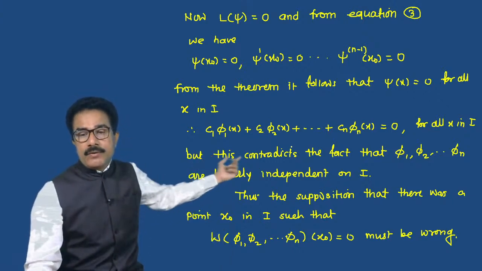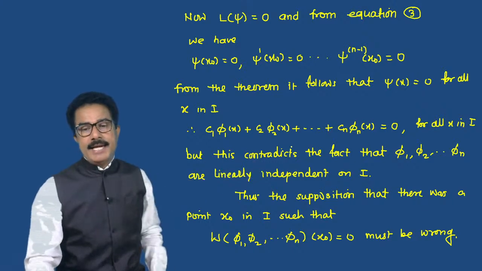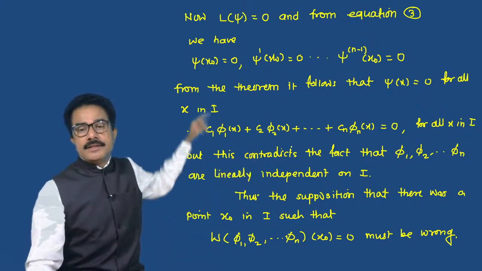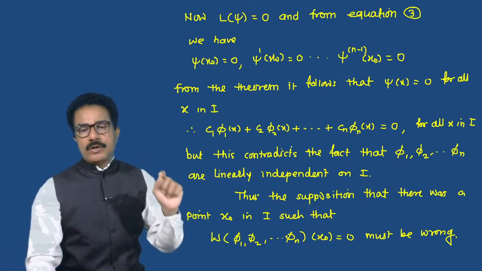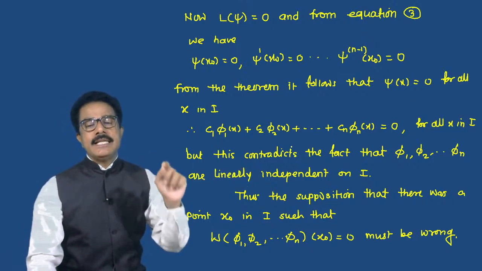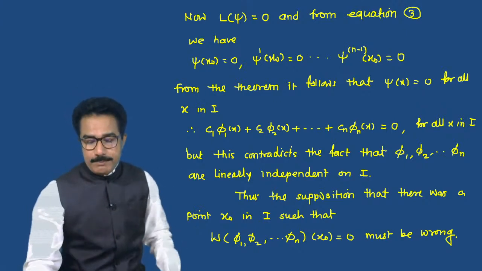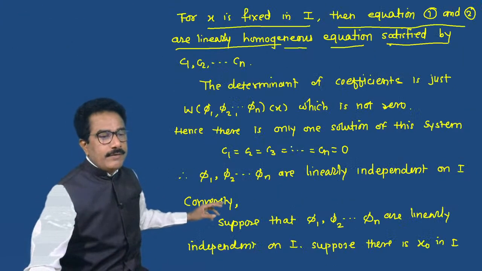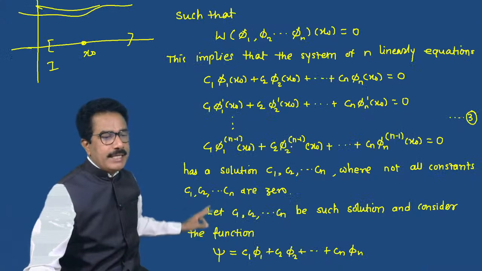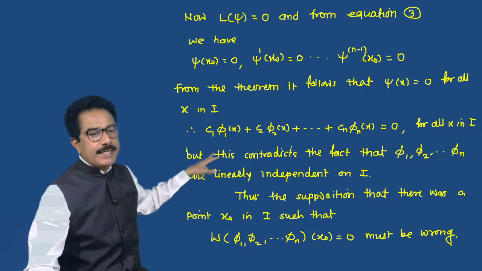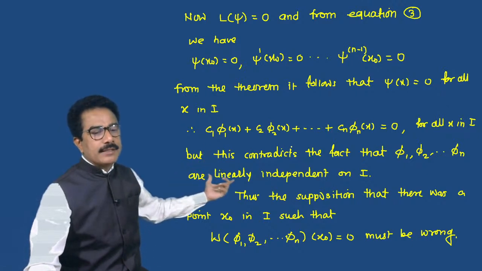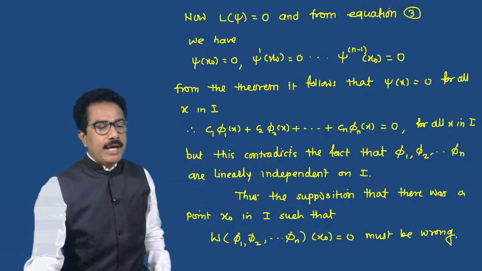But this is a contradiction to the fact that phi 1, phi 2, dot dot dot phi n are linearly independent on I, because we have supposed phi 1, phi 2, phi 3 are linearly independent, and this contradicts that phi 1, phi 2, phi 3 are linearly independent on I.